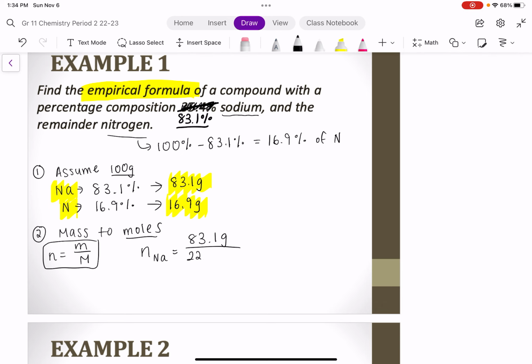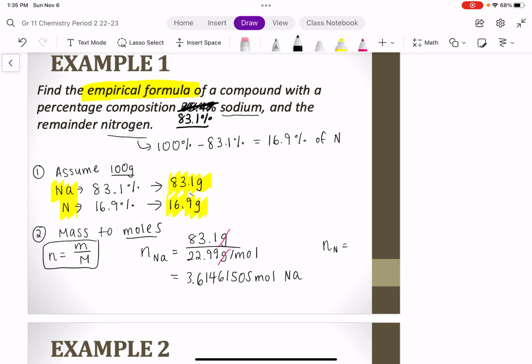You can get this value from your periodic table. Sodium has a molar mass of 22.99 grams per mole. Your grams will cancel out, and this leaves me with 3.6146150 moles of sodium. Hopefully you got that value. Same thing for my nitrogen.